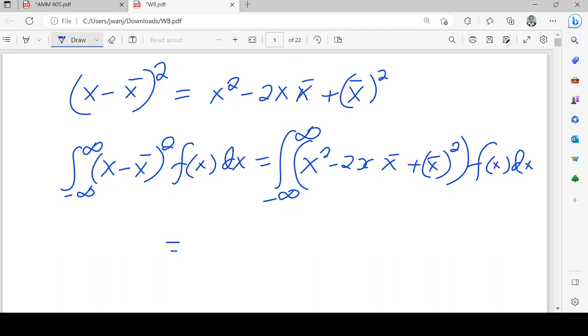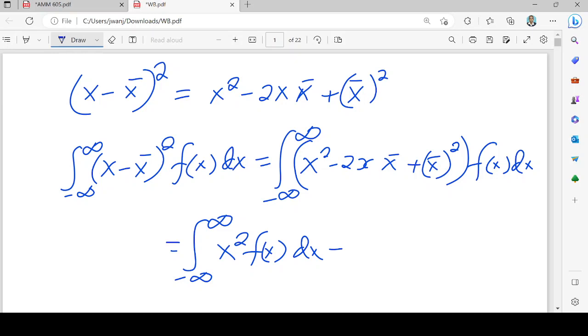Now, remember, integration is a linear operator, so we can distribute the integral over the terms here. So we write the integral from negative infinity to infinity of x squared f(x) dx.